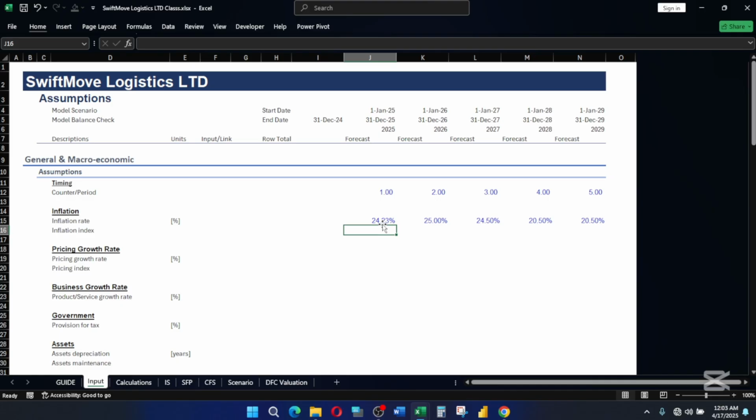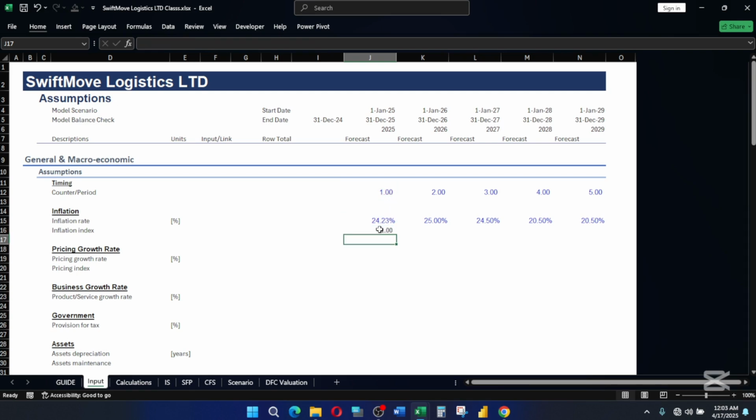We can just say equals open bracket 1 plus the inflation rate, close bracket, raised to the power of open bracket 1 minus the counter, which is the period, minus the counter, and you close the bracket. This is what you have.